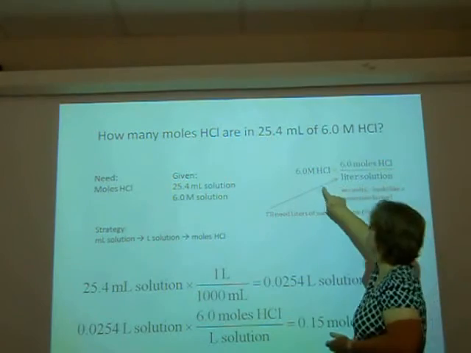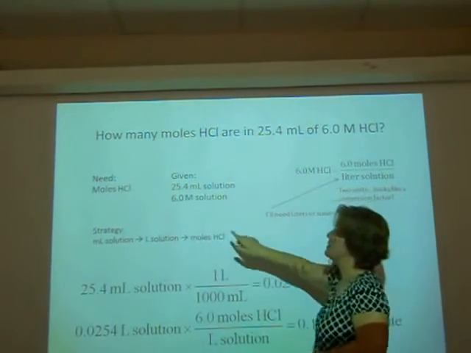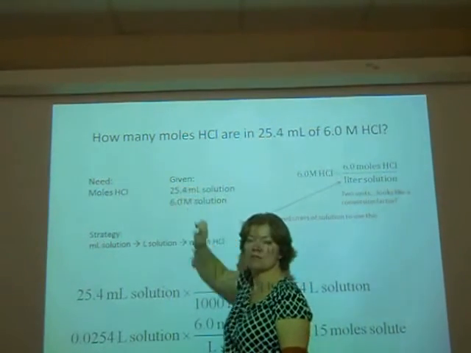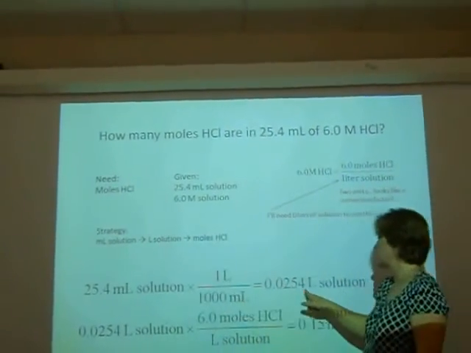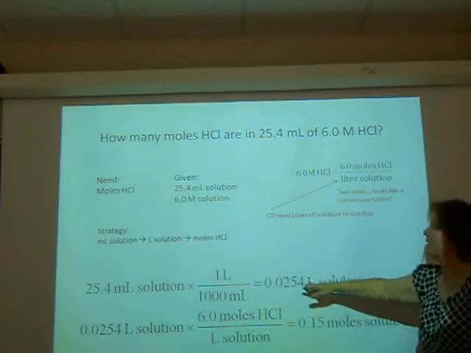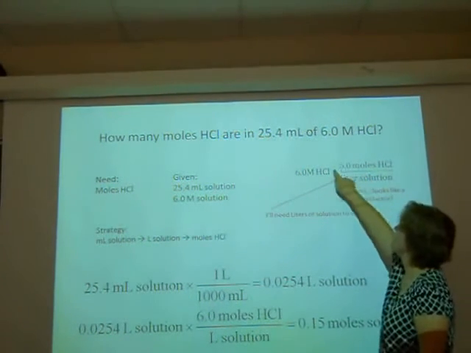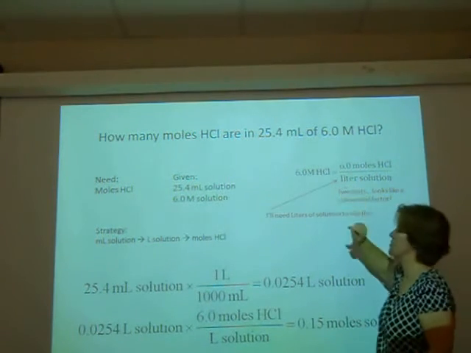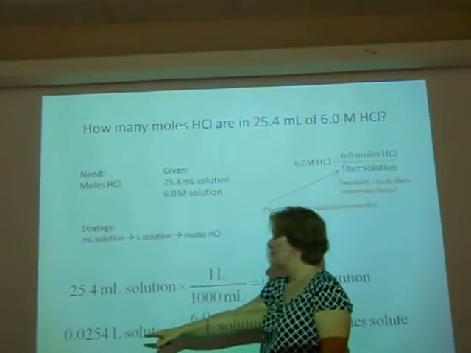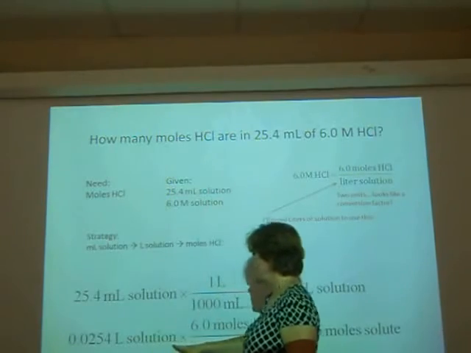Since this is going to be my conversion factor, I'm not going to start with this. That means I'm going to start with 25.4 milliliters. I need to convert that to liters, because when I look up here, I realize my conversion factor is in liters of solution, so I need to have it in liters. Then I take 0.0254 liters of solution.